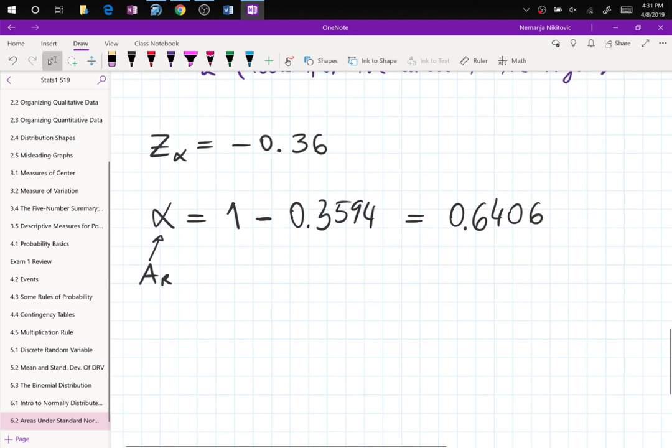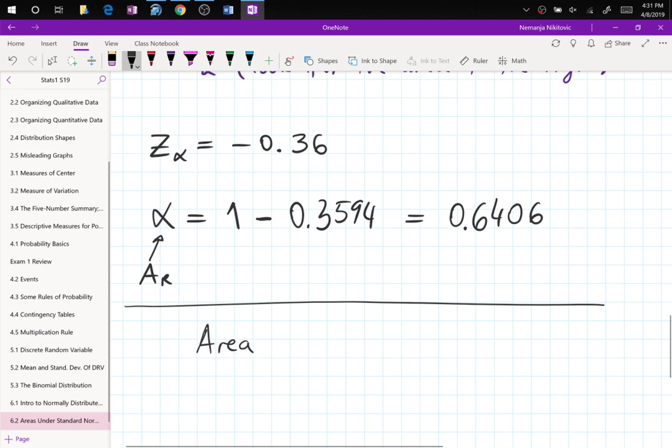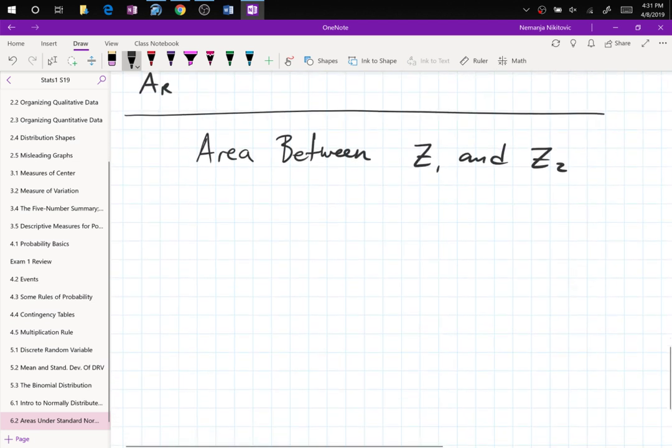The last piece of this mechanics is to find the area between Z1 and Z2, because you might want to know what is the percent of people whose height is between 5 and 6 feet, right?